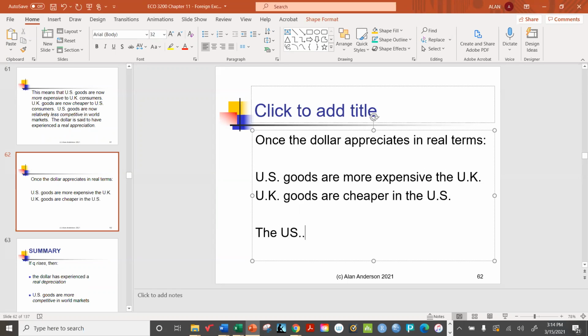Therefore, the US trade balance will weaken or worsen, I guess we could say. All right, and again, this is no different than what we saw with the nominal exchange rate. A stronger dollar means that our goods are more expensive to foreigners and their goods are cheaper to us, and therefore our trade balance will get worse.